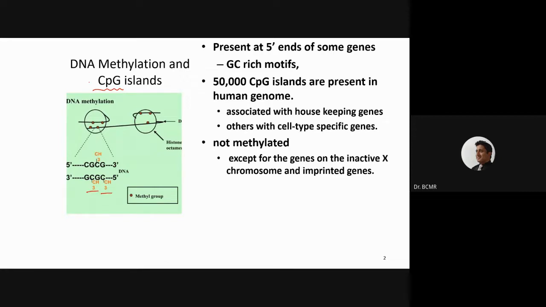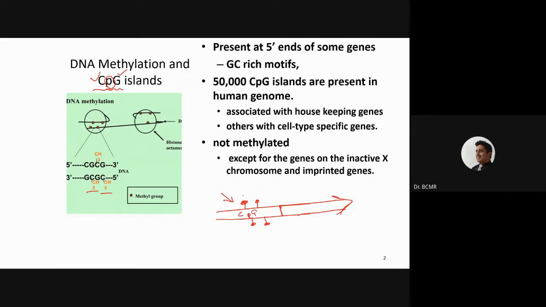C stands for cytosine, G for guanine, and p is the phosphodiester bond between these two nucleotides. Whether the CpG islands are methylated or unmethylated will determine the consequences on the genes downstream of them, or it could be upstream. So there is methylation or demethylation in that region, the CpG island.